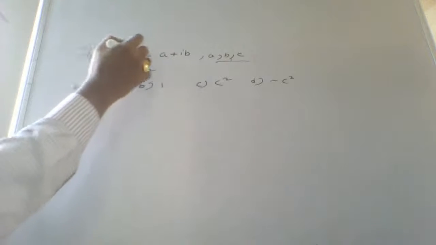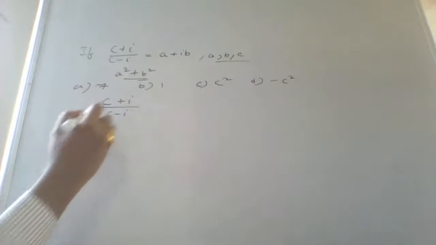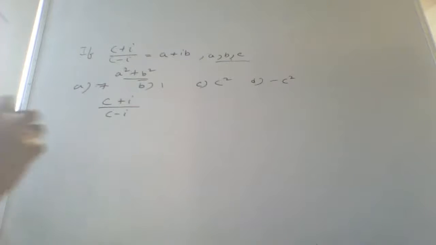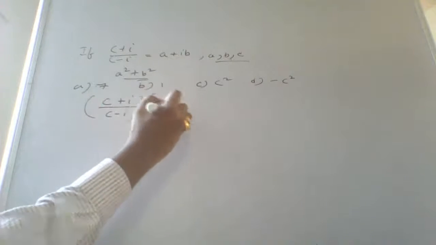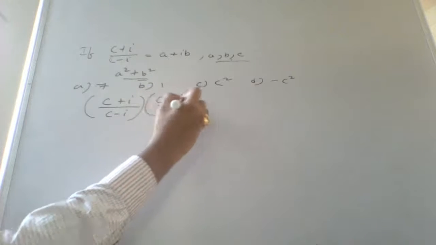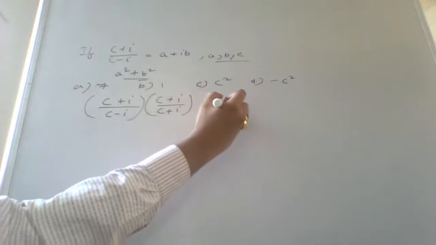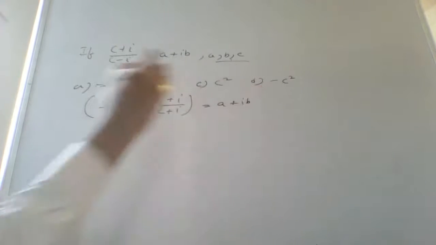Now let us take this c plus i and c minus i. Multiply and divide by the conjugate of this, so it is c plus i and c plus i, which is equal to a plus ib.